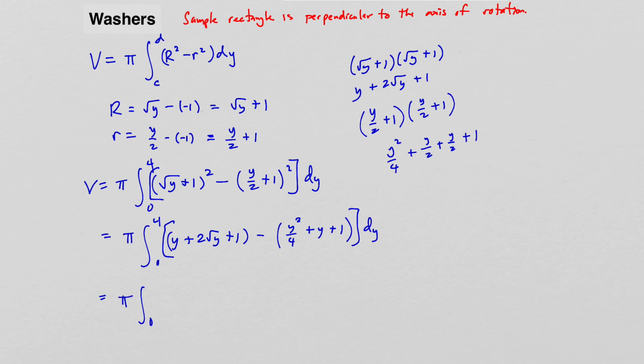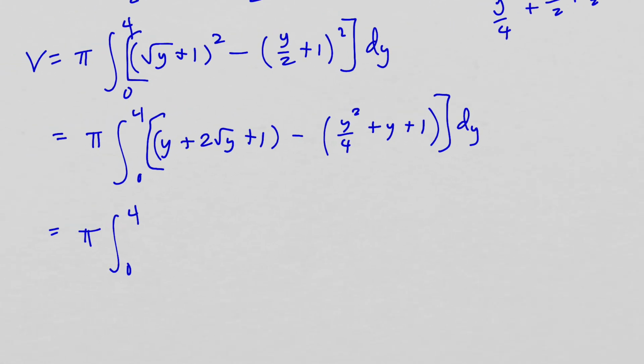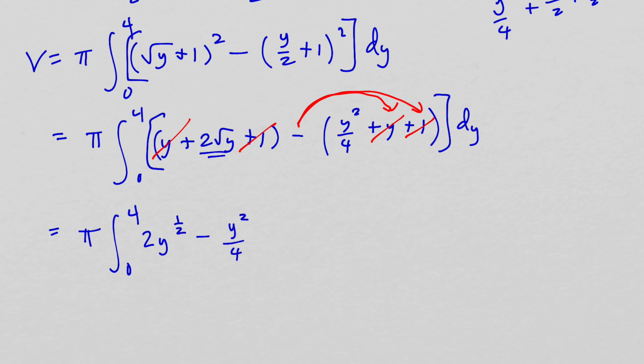All right, now let's simplify here. We have 1 minus 1, those cancel. We have a y minus a y, those cancel. So all we have left is 2y to the 1/2 minus y squared over 4.